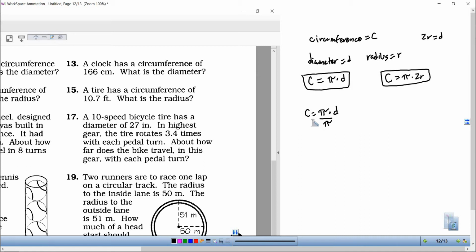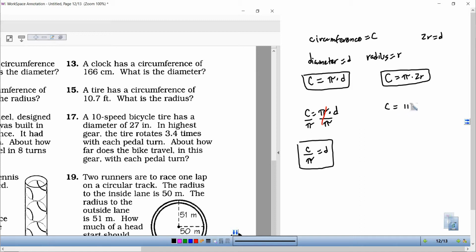So I can divide both sides by pi. Remember we do inverse operations. The inverse of multiplying is dividing, and I get the formula C divided by pi is equal to D. So if you know the circumference and you divide it by pi, you will get the diameter.